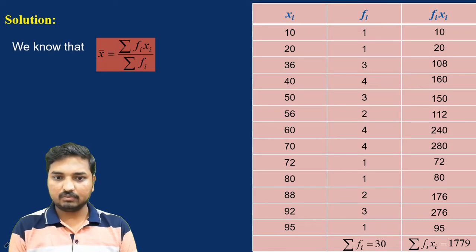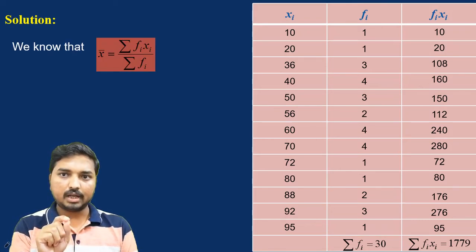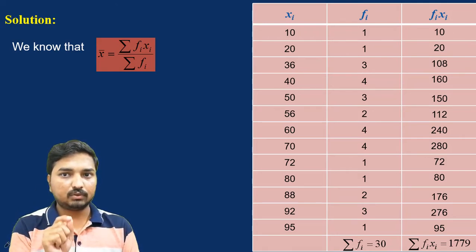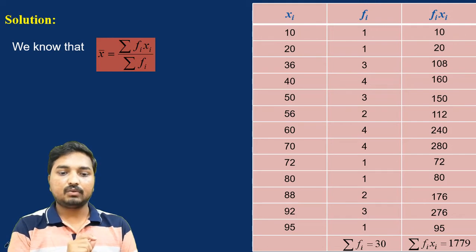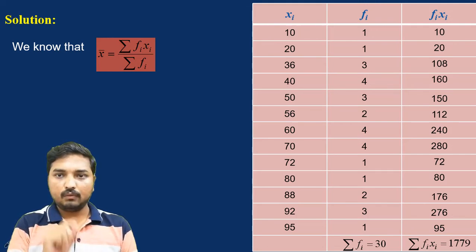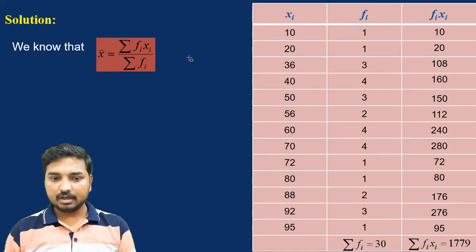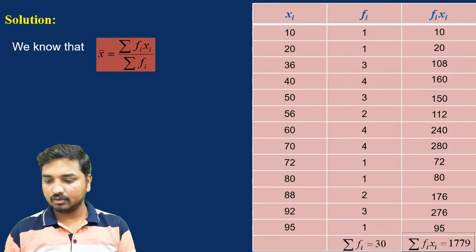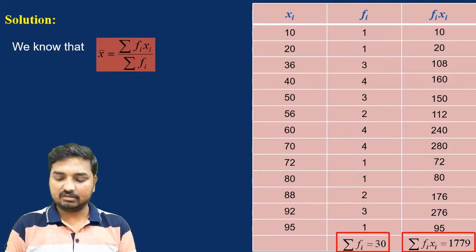Okay, so now look at the formula. We know that for the direct method there is a formula, and for the assumed mean method there is another formula. So for the direct method, what is the formula for mean? X bar is equal to summation Fi Xi divided by summation Fi. We have already calculated the numerator, summation Fi Xi, and the denominator, summation Fi, here. You just need to substitute and simplify.